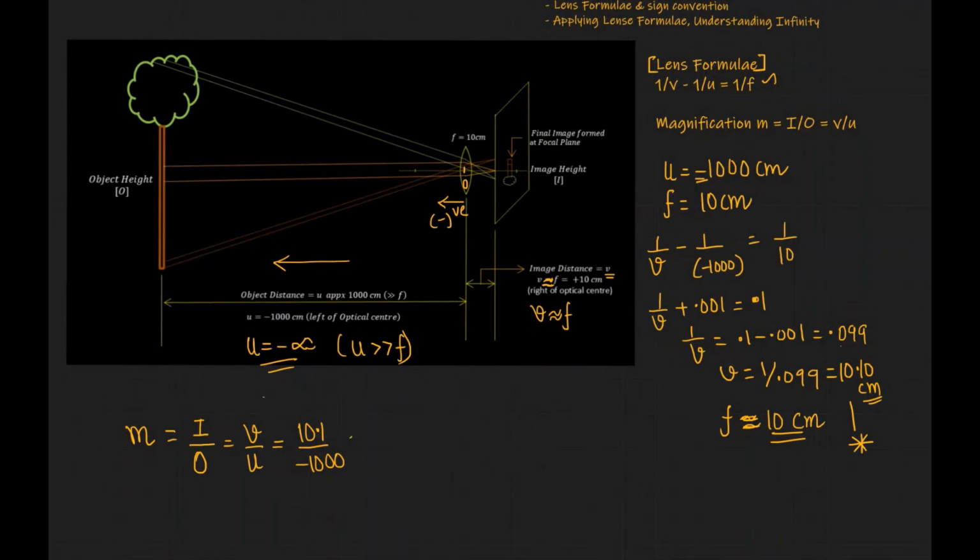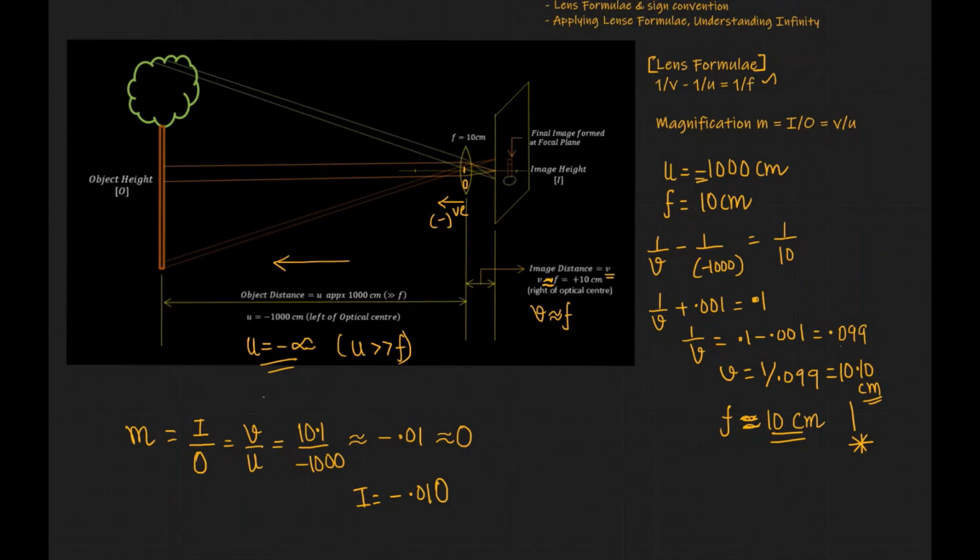This quantity will be approximately equal to minus 0.001, which means that our image will be equal to minus 0.01 times the object. Now we usually say that this is approximately equal to 0. The magnification is 0, or the size of the image is approximately 0.